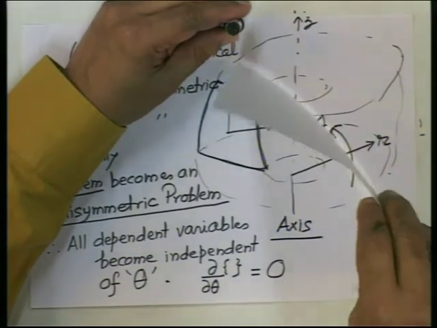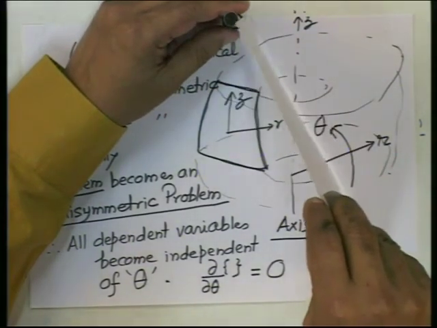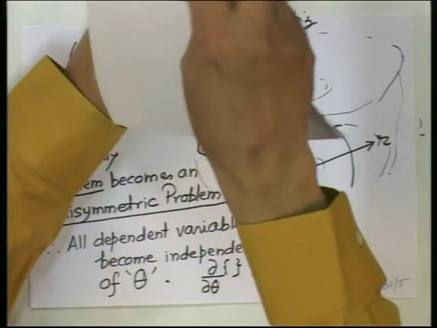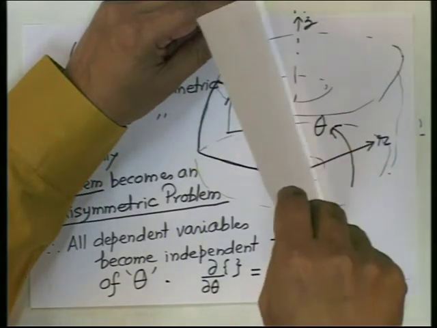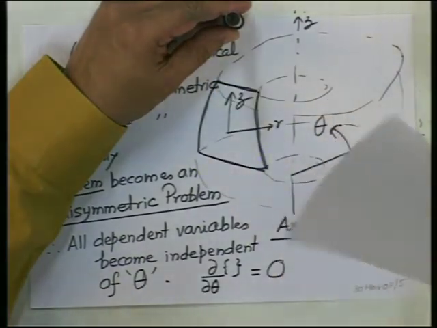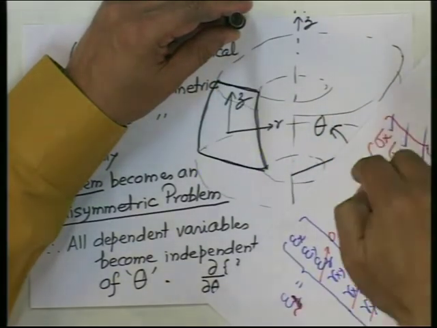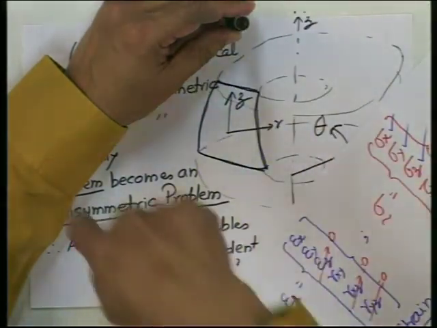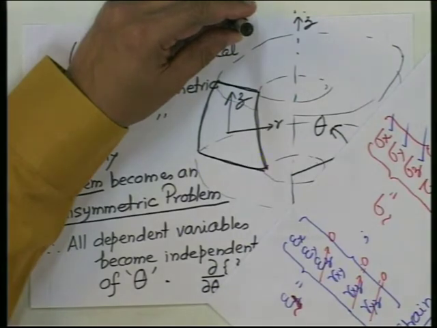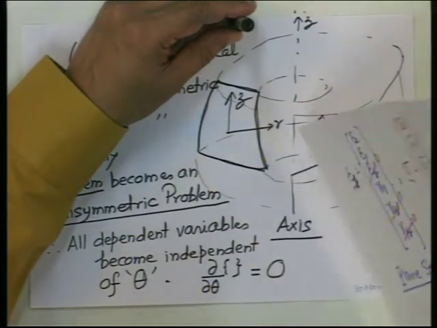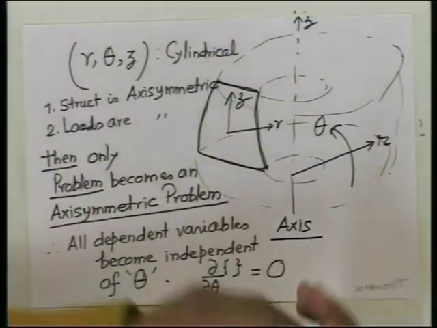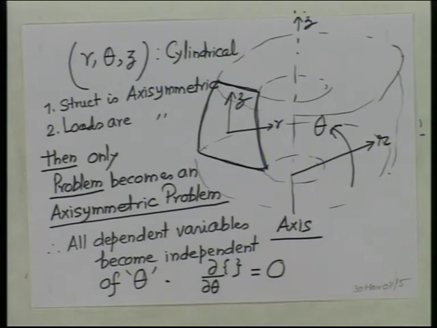If I put the plane here, with one edge coincident with the central axis, and rotate this by 2 pi, 360 degrees, I will get a solid cylinder. If you rotate a line, you will get just a cylindrical surface, but we are talking of solids. So, any two dimensional plane you rotate gives an axisymmetric solid.